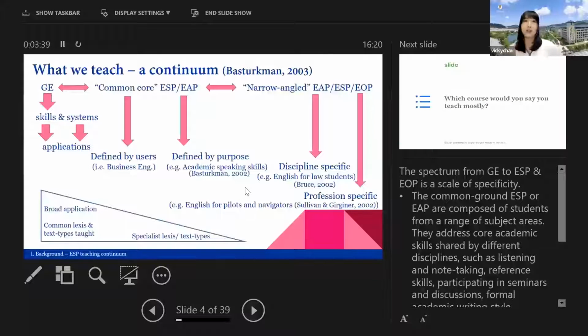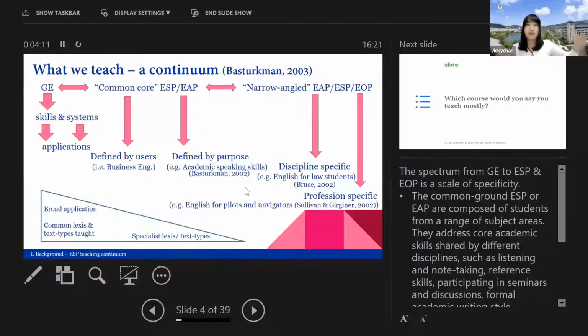And then usually what we teach in these kinds of English courses, I would like to put as a continuum, as also proposed by Basturkmen in 2003. Here I would like to propose that the spectrum from general English to Common Core ESP or EAP, and then finally to the very focused and narrow-angled EAP, ESP, or EOP is actually a scale of specificity.